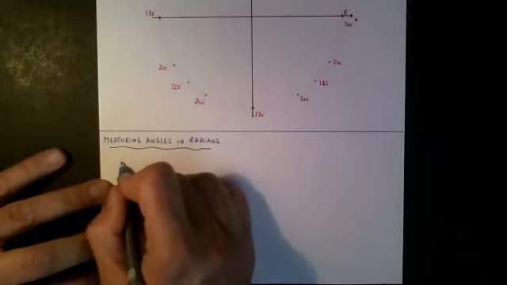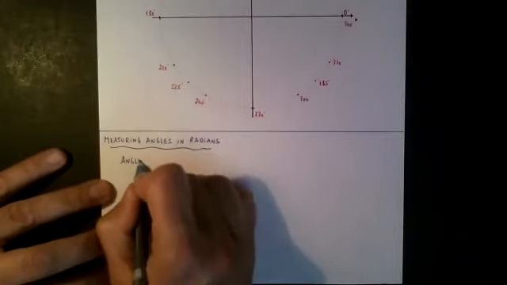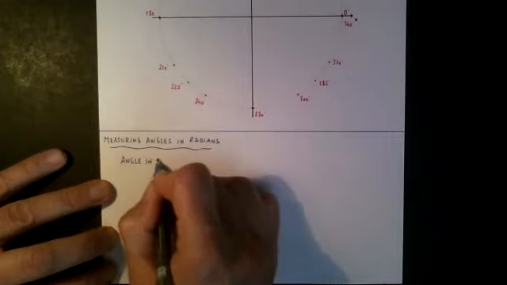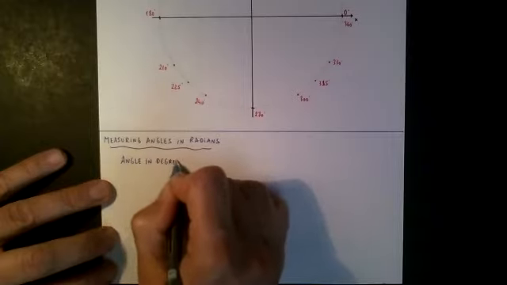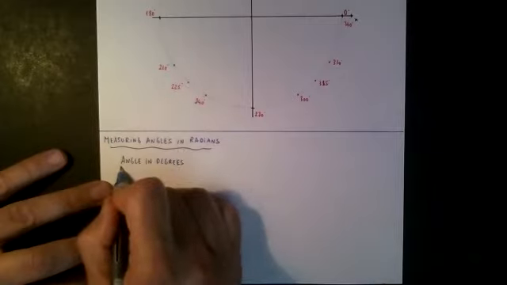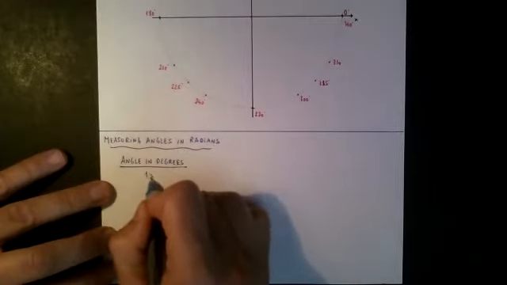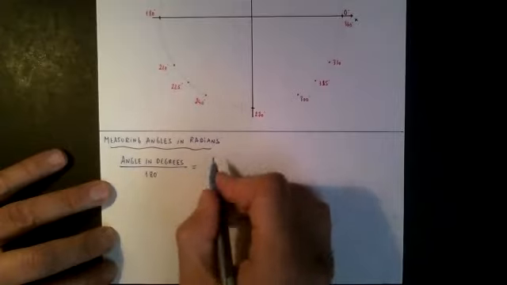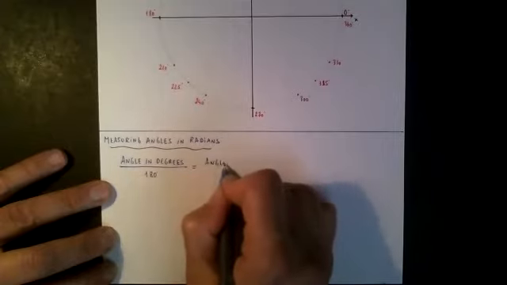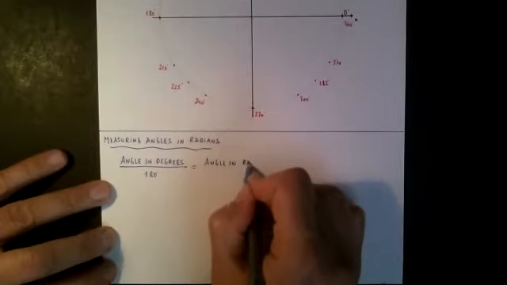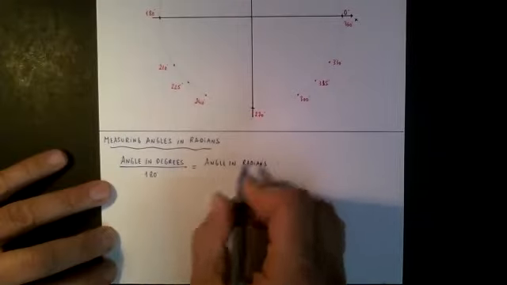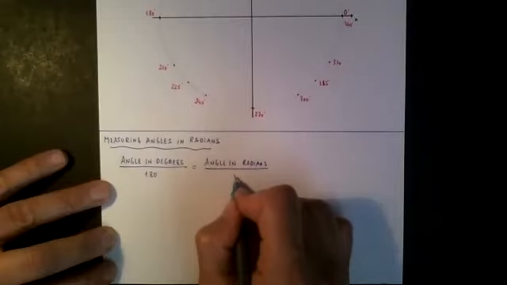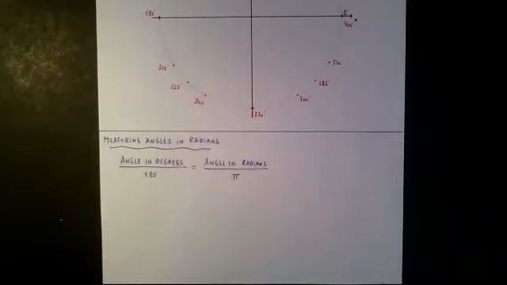The angle in degrees divided by 180 is the same thing as the angle in radians divided by pi. This is how you convert from degrees to radians, and of course from radians to degrees.